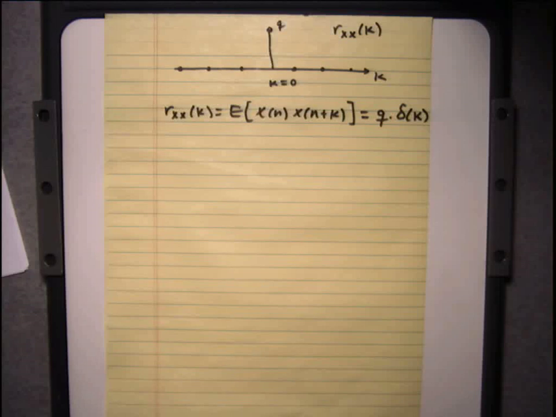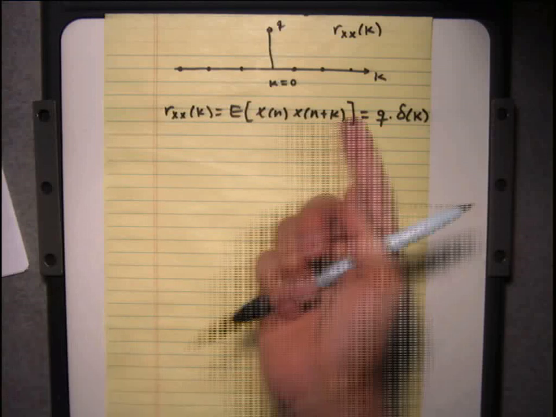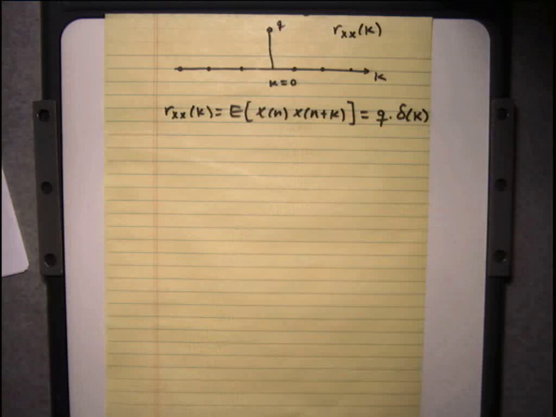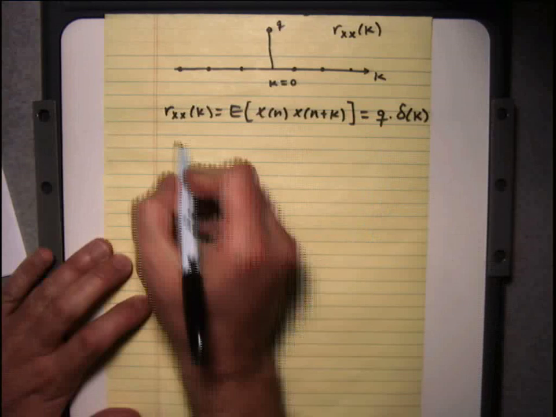Okay, so you saw earlier we had a sequence of numbers in a vector, and we computed a covariance matrix from it, which was whitened. In other words, off-diagonal elements were 0. What that meant was that each of the elements of that vector were uncorrelated. This is just an infinite version of the same thing. So this corresponds to white noise.